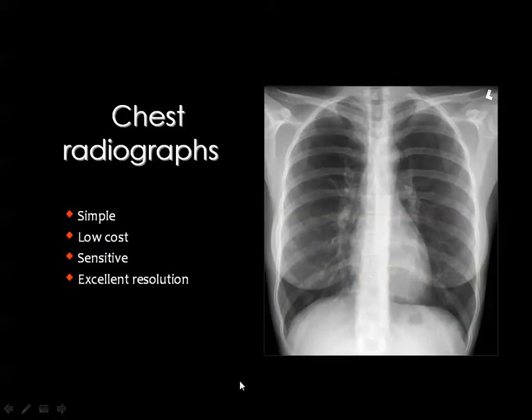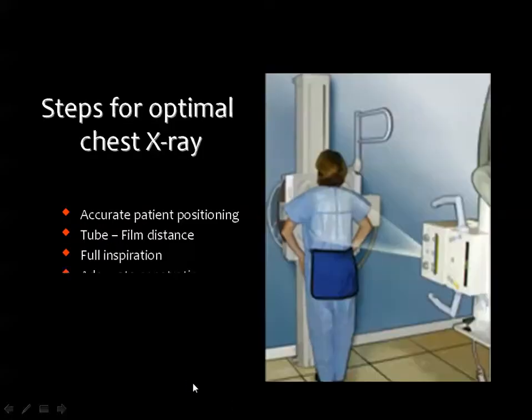And as you all know, the chest x-ray is a very simple radiographic technique and is of relatively low cost. Meanwhile, it is relatively sensitive, providing excellent resolution and a good differential diagnosis for most of the intrathoracic lesions.